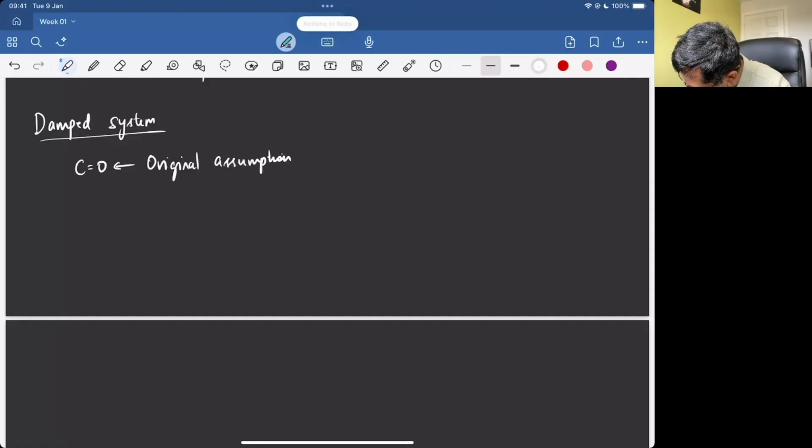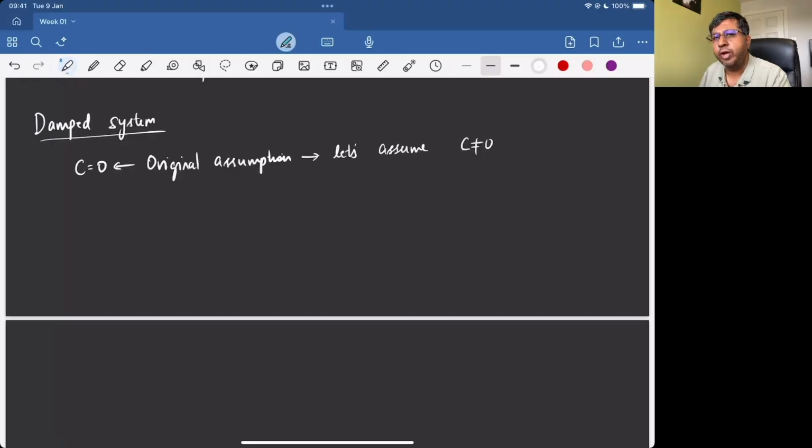So let's assume for now that c is not equal to 0 anymore.